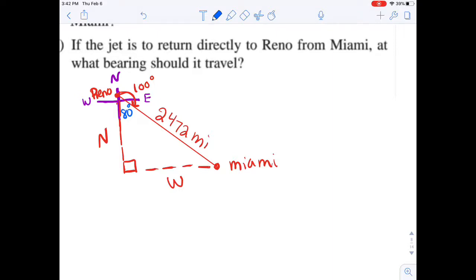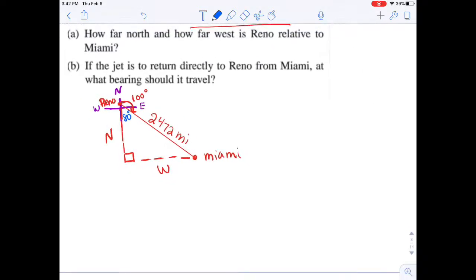If I know an angle and I know one side, I should be able to find those other two sides by using trig. For part A, I need to find how far west and how far north we're going. So sine of 80 degrees equals W, because opposite is W, over hypotenuse, which is 2,472.